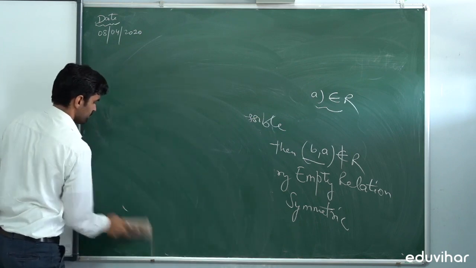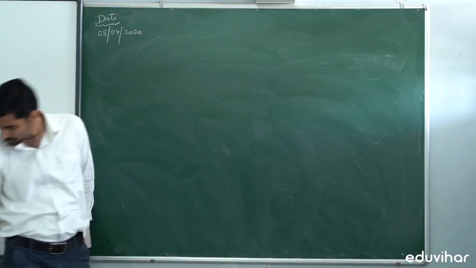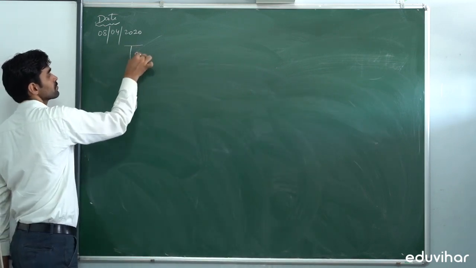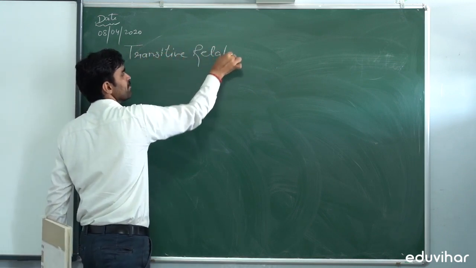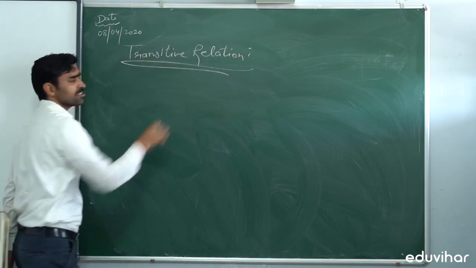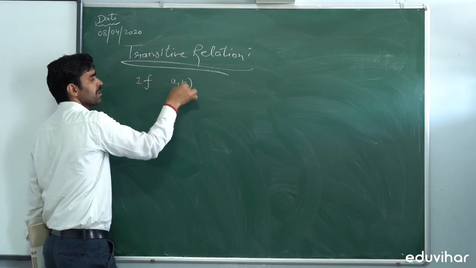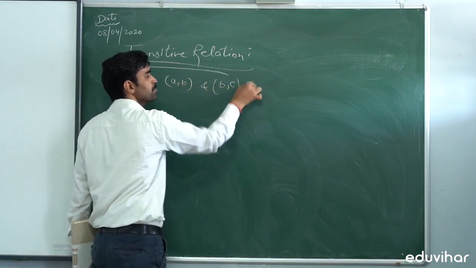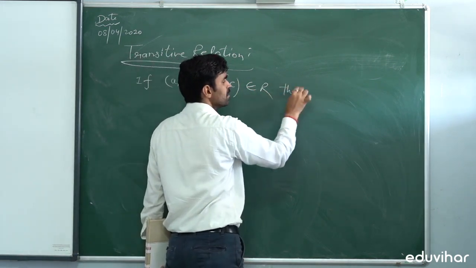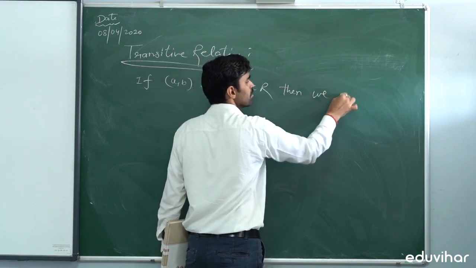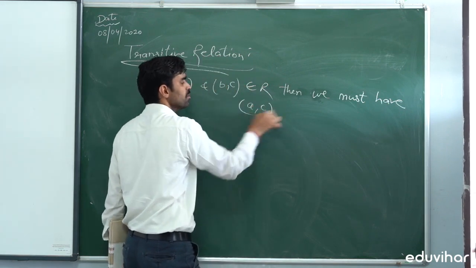Okay. Now next is the transitive relation. In a transitive relation, if AB and BC belong to the relation, then we must have AC belonging to the relation.